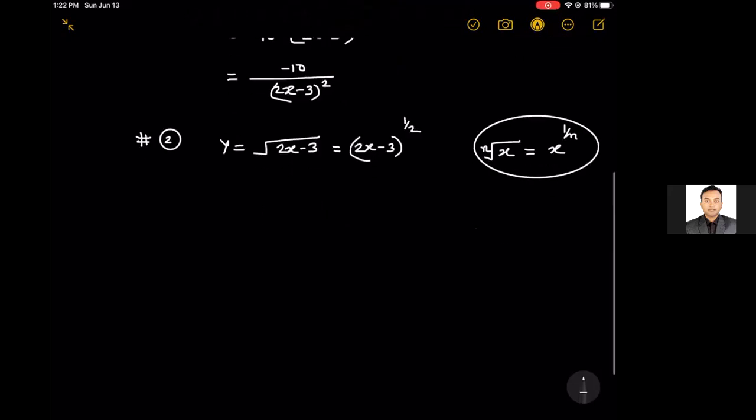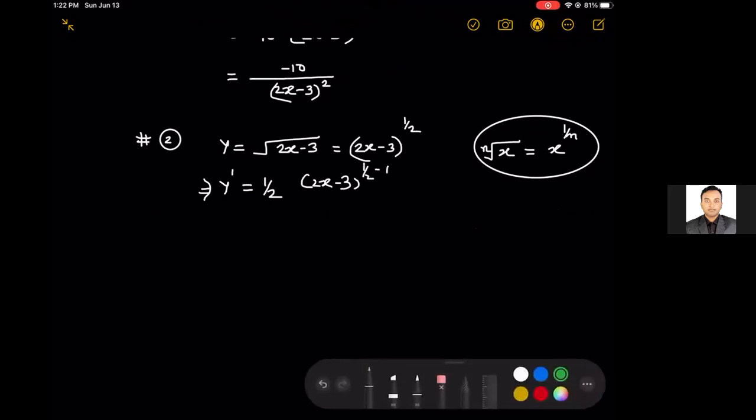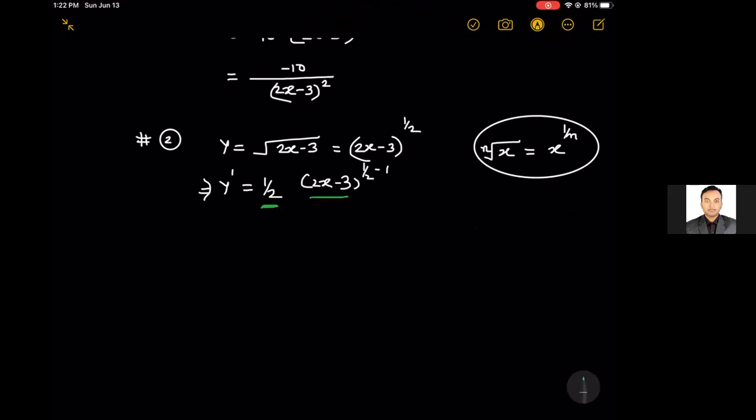So you can rewrite it like this and find the derivative afterwards using the power rule. So the power comes in front, 2x minus 3, half minus 1, right? Again, using the same formula, n x to the n minus 1. And of course, it's not exactly x.